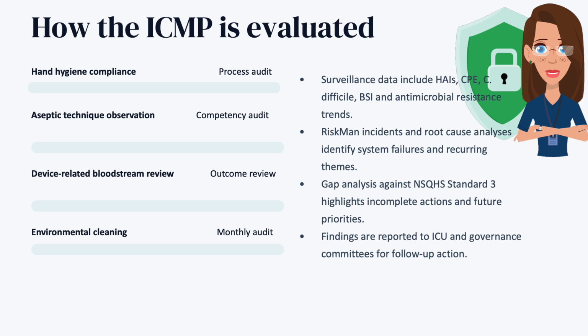These data need to be reviewed through incident reporting systems, root cause analysis, and national safety and quality healthcare standard gap analysis, so that evaluation leads directly to action rather than passive reporting.